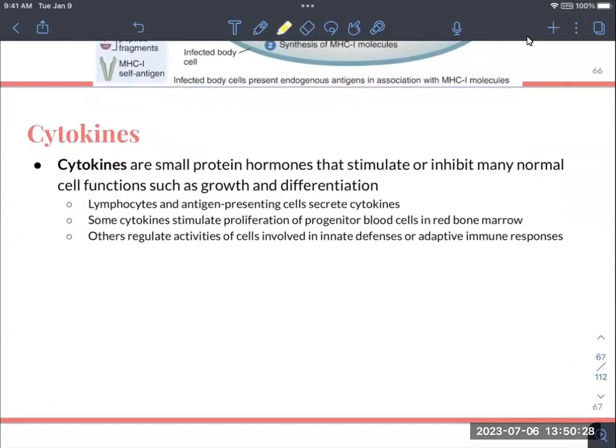Cytokines. These are protein hormones. They can stimulate or inhibit cell functions. So cell growth, they can inhibit that cell from growing. They can inhibit that cell from differentiating. They can also stimulate it to happen sooner than it should.